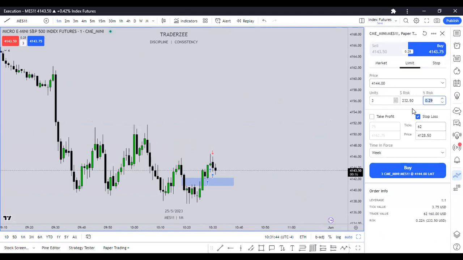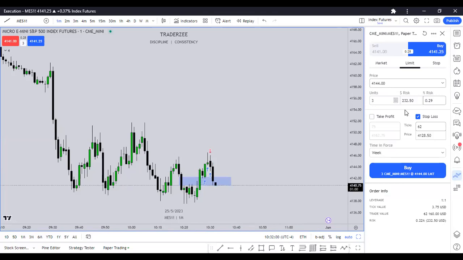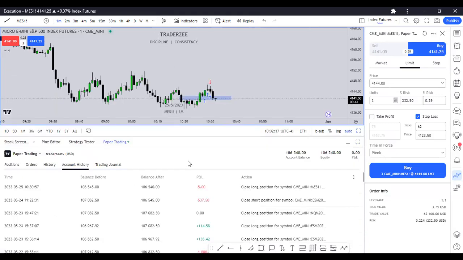We're buying at 0.25% risk. Let's see, let's see. I don't like that. I don't know what happened there.